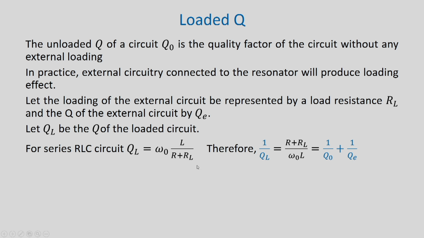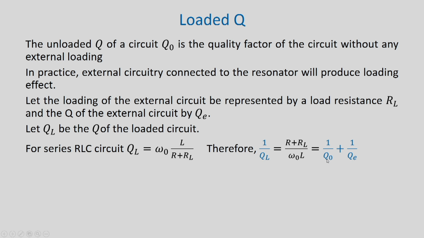So, for the loaded series RLC circuit, 1 by QL is 1 by Q naught, the unloaded Q, plus 1 by QE, the Q of the external circuit.